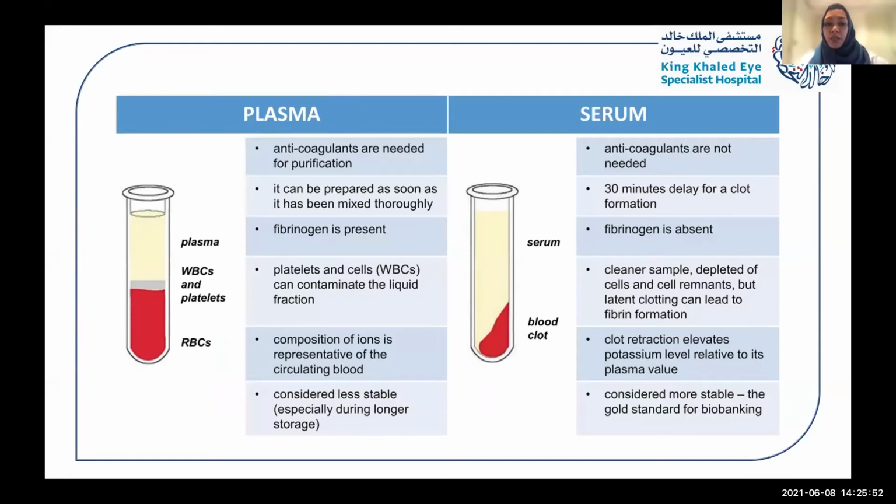But the plasma is the clear fluid in the blood. However, it still has the fibrinogen and the clotting factors. This is why we have to put anticoagulants in the withdrawal tube.